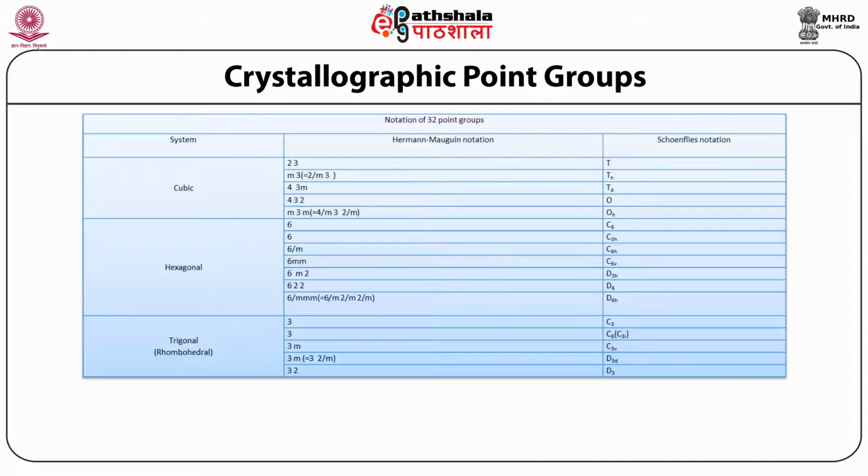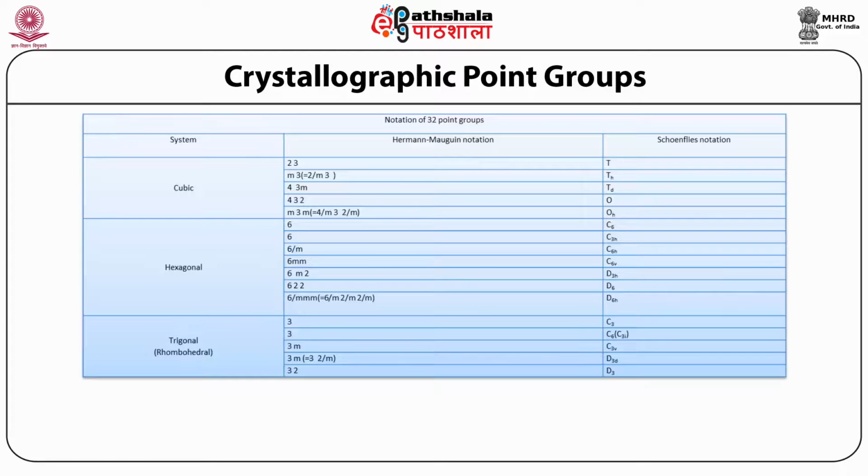Then is hexagonal system. The point groups of hexagonal system in HM notations are represented as 6, 6 bar, 6 by m, 6mm, 6 bar m2, 622, 6 by mmm, which is equivalent to 6 by m, 2 by m, 2 by m. Corresponding to point group 6, in Schoenflies notation, it is C subscript 6.